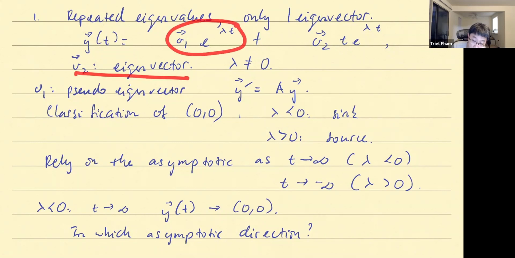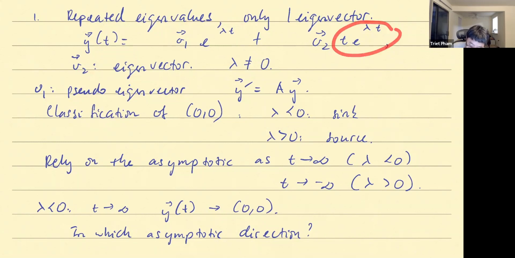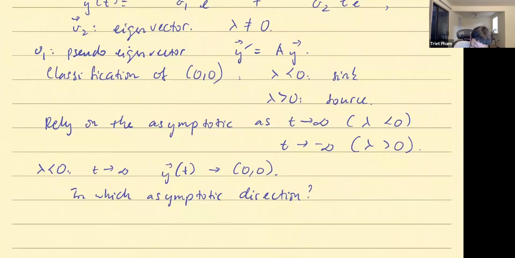Because there's a t here, as t goes to infinity, even though both of these terms go to 0, the contribution of t makes this term dominating. So the asymptotic direction will be in the direction of the eigenvector.